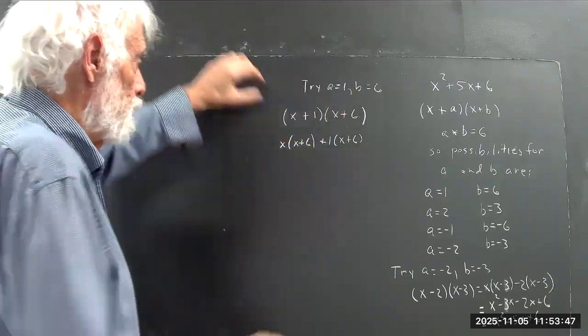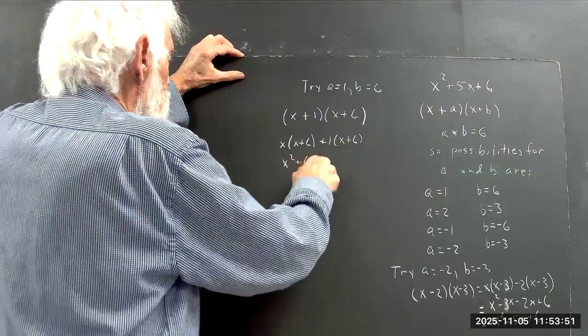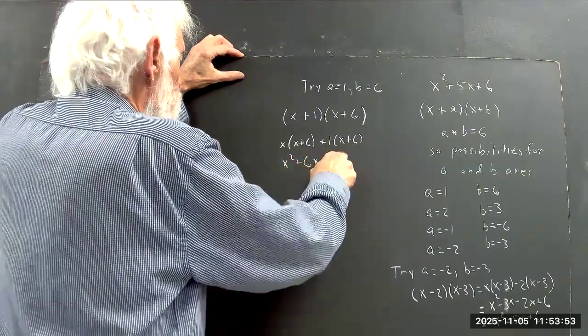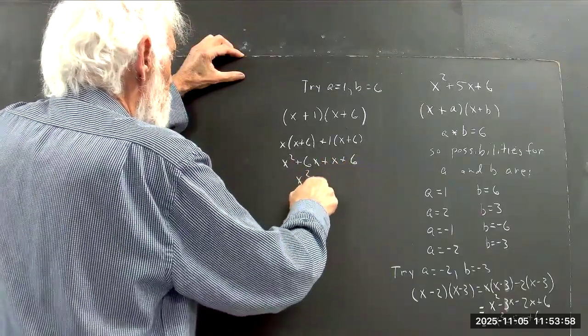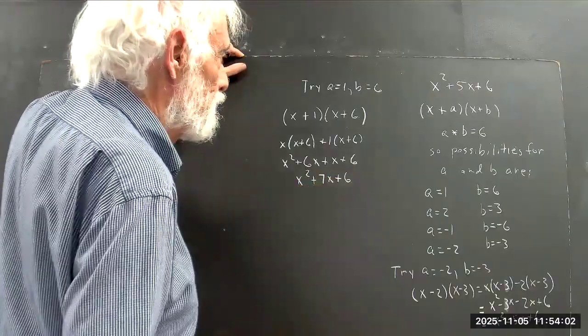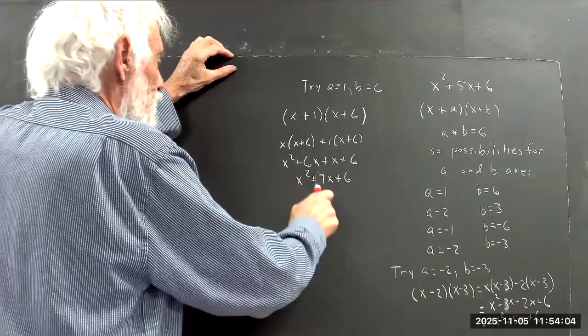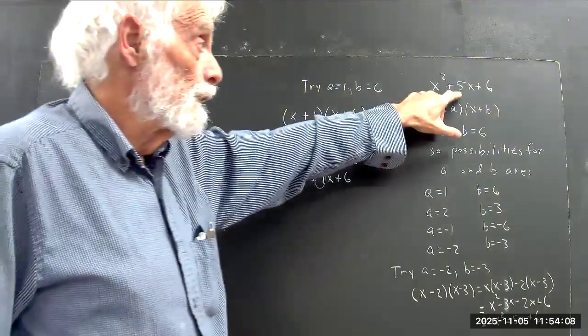So there is your distributive law, and that gives us x squared plus 6x plus x plus 6, which is x squared plus 7x plus 6. Well, we've got a 7 here. We need a 5, right? In order to get this.